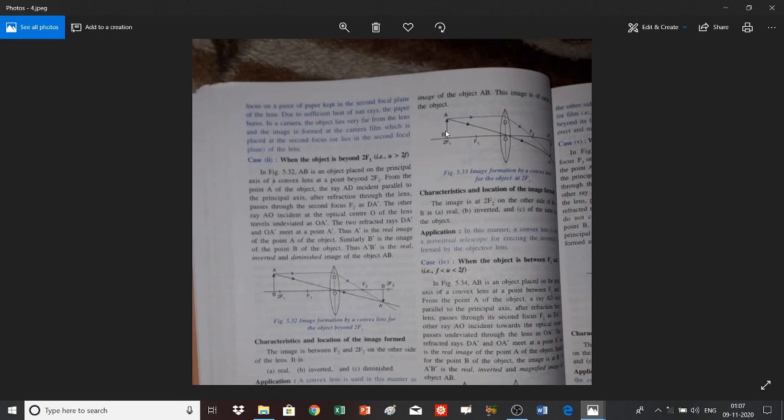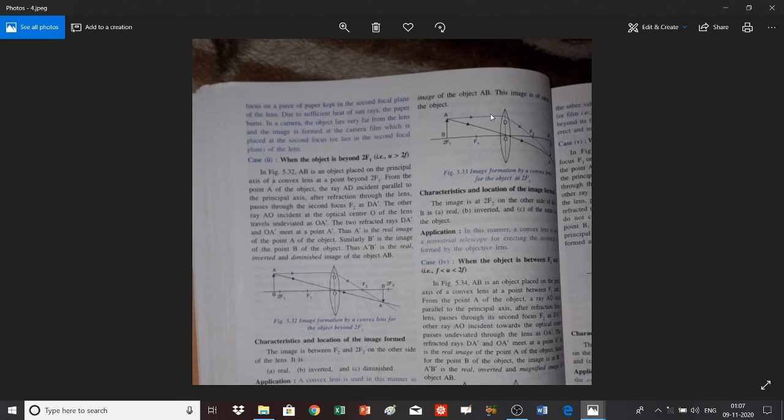It is not very difficult to understand the nature of the image in this case, because we have to consider a ray which is passing through the optical center, and this will go in this direction, and another ray which is parallel to the principal axis.